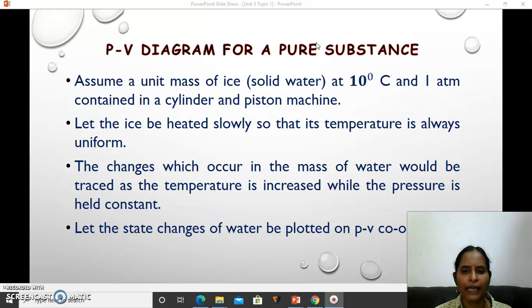Whether it exists as water, water vapor or ice, irrespective of the phase or combination of phases, wherever you check, its chemical composition would be the same. That is most important.